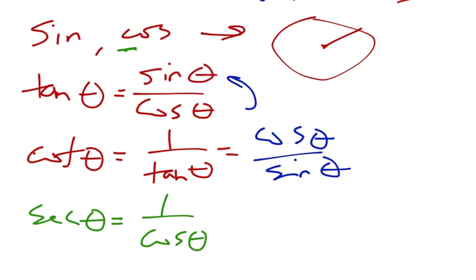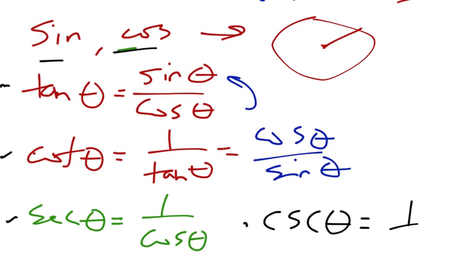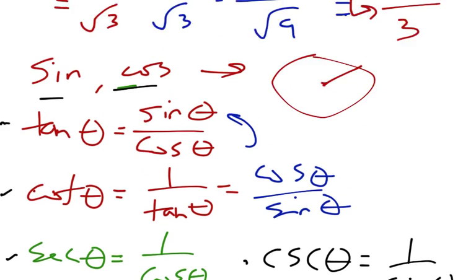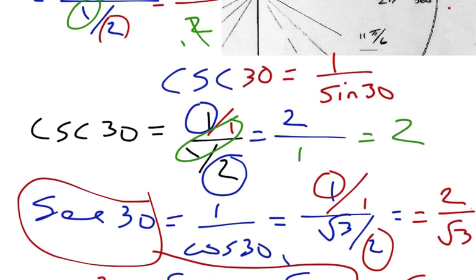The last ones we have: 1, 2, 3, 4, 5. Number 6 will be cosecant. Start with the C, therefore the reciprocal starts with the S, so it's going to be 1 over sine of theta. And that's how you find your 6. So the main thing is to know the unit circle.